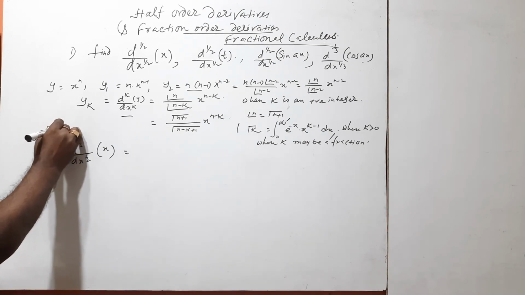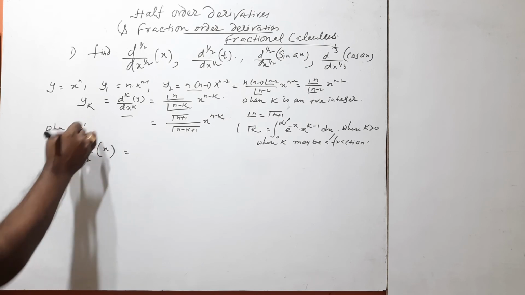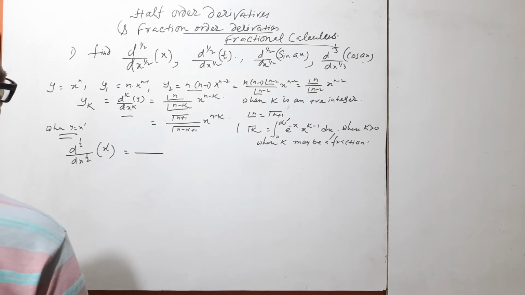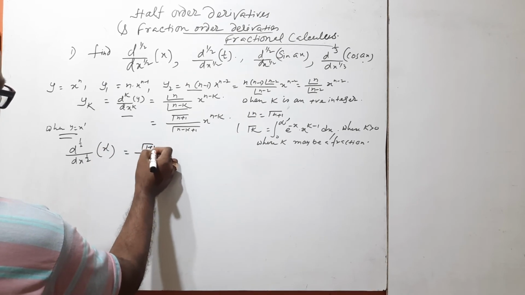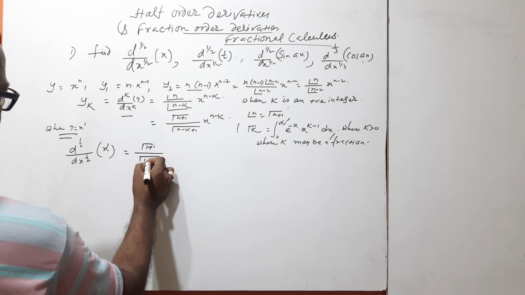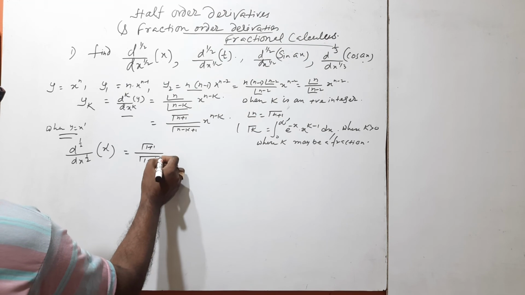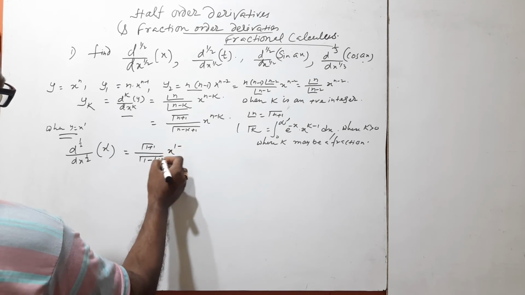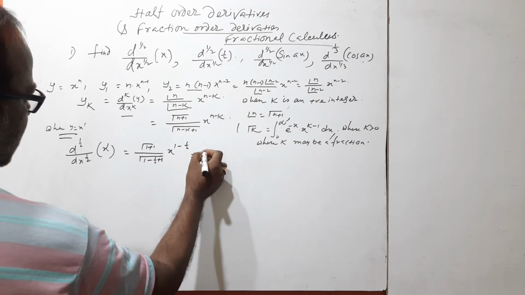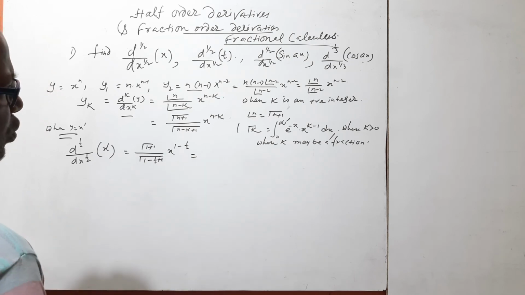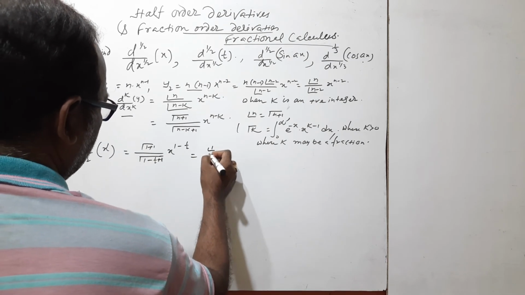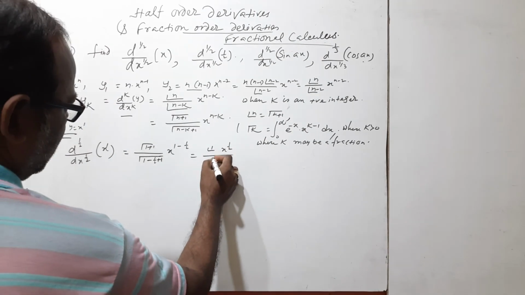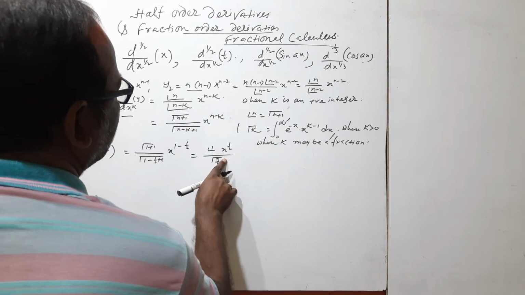When y is equal to x, the degree here is 1, so 1 plus 1, and k means half, x to the power n means 1 and k means half. So this is gamma 2 over gamma 3 by 2, times x to the power half. Gamma 2 means factorial 1.